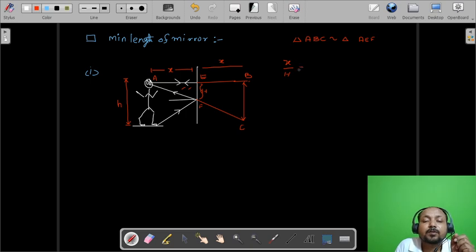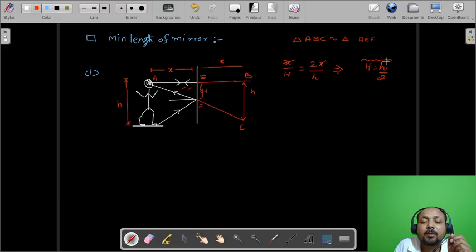Applying the similar triangle property, x by h will be equal to 2x by small h. So we will get capital H equal to h by 2.